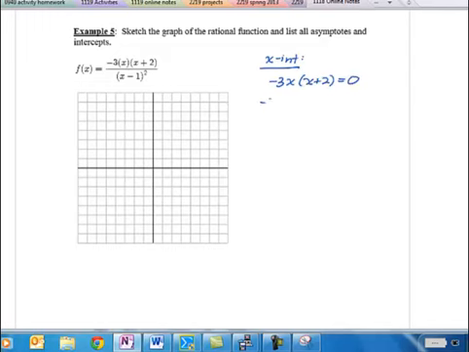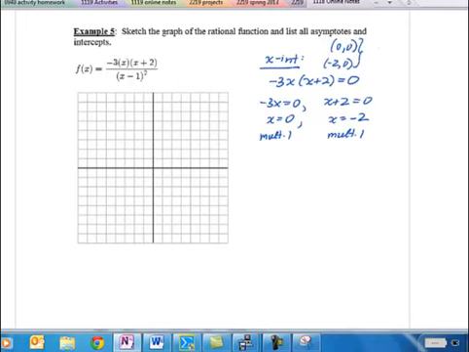So negative 3x equals 0, or x plus 2 equals 0, which means x is going to be 0 or x is going to be negative 2. Both are multiplicity 1. Which means our two x-intercepts are (0, 0) and (negative 2, 0), and the graph is going to cross at each one.